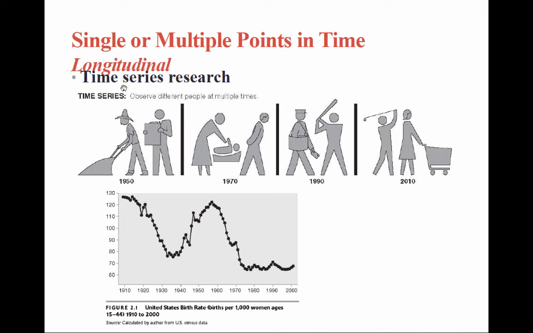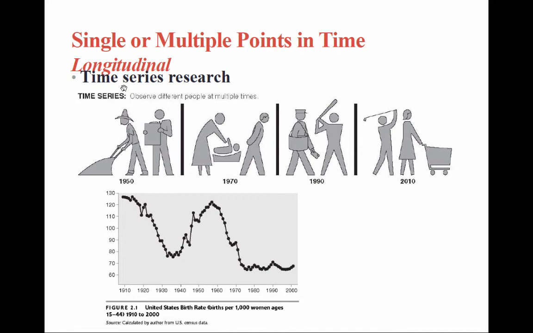In the time series research, what I'm trying to do here is I'm looking at information from many cases across more than one unit of time. So here I see 4 different decade time periods. And I'm looking at then the birth rate and how it's changing between those time periods. Now the individuals are all different, right? In 1950, it looks like there's a farmer and a businessman. 1970, it looks like there's a worried husband and a mother changing a baby. 1990, looks like there's a mailman, and it's either a baseball player or someone breaking something with a bat.